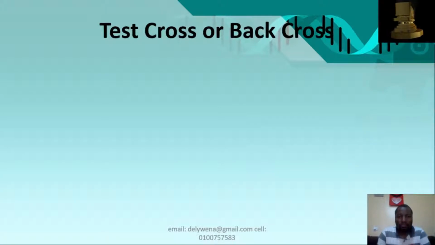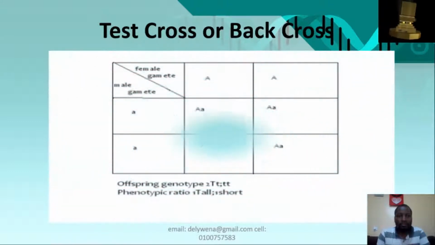It is also called a backcross because of using the first parent, and it is also called a test cross because it tests the genotype of the individual. Now we have an example shown there.